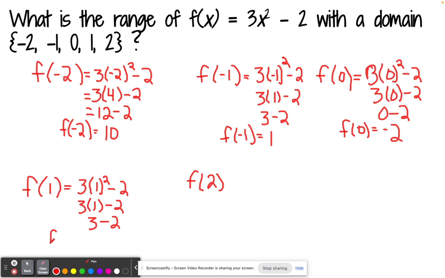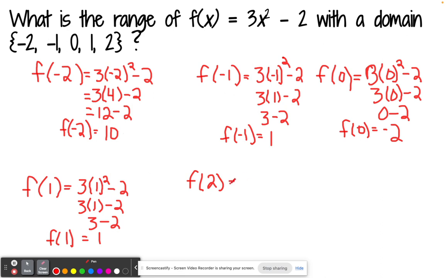So f of 1 is equal to 1. Notice this is the same as f of negative 1. So f of negative 1 is 1. F of 1 is also 1. That's because when we square negative numbers, you get the same thing as if you square the positive number.